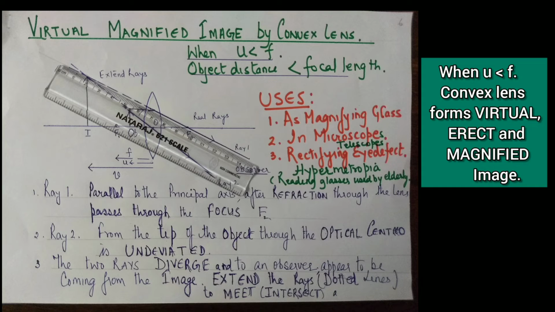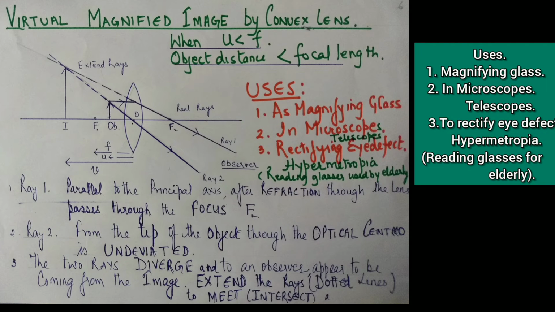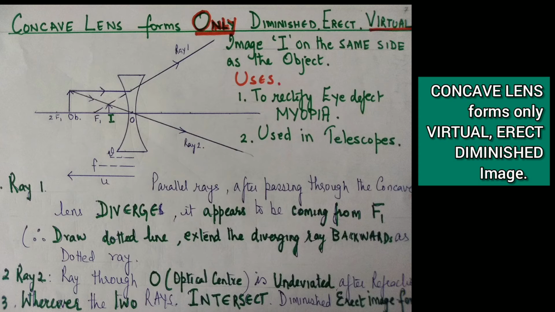Now extend these rays backward towards the object side, and these should be dotted lines. Join them. Wherever they meet, the image is formed. This is a magnified erect image which is virtual. Uses of a magnifying glass: microscope, and rectifying the image in hypermetropia.